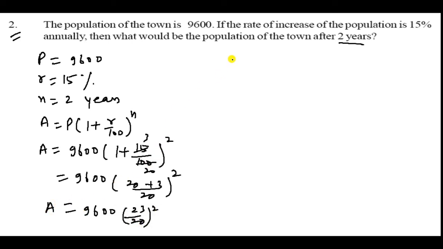So A will be equal to 9600 times 1 plus R, which is given as 15 upon 100, and whole power n is 2.